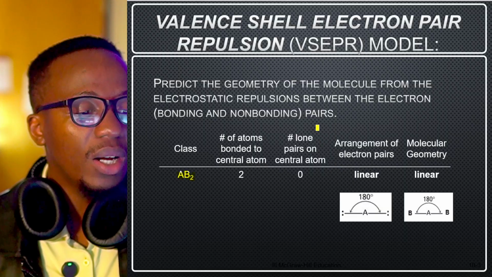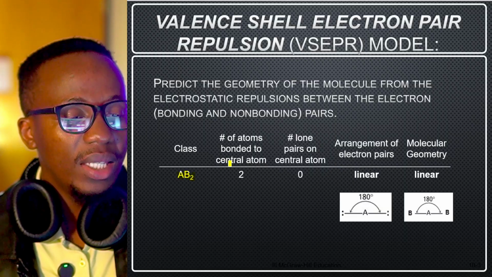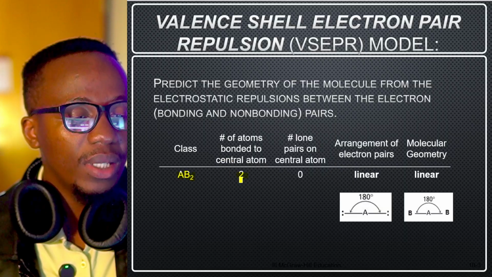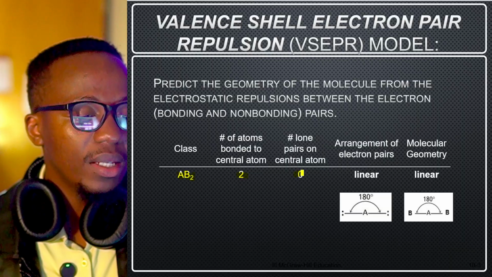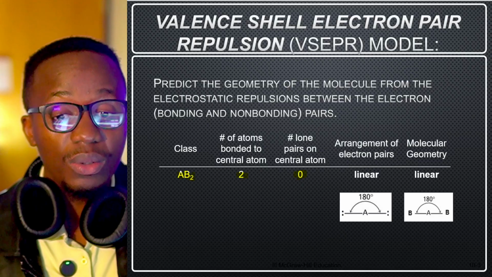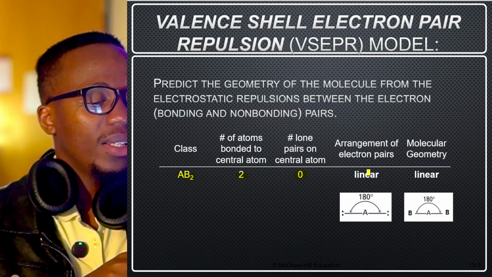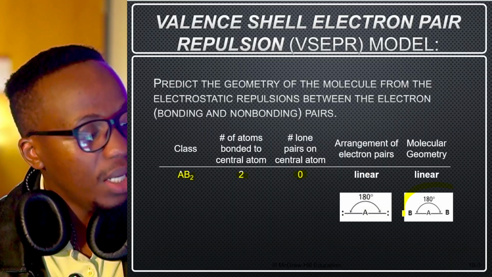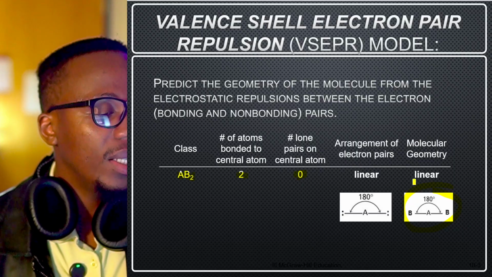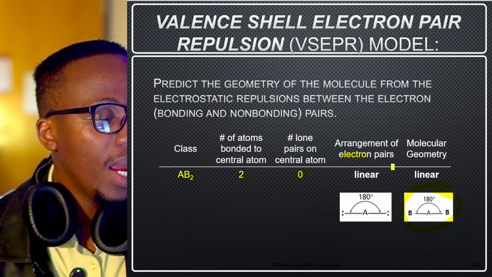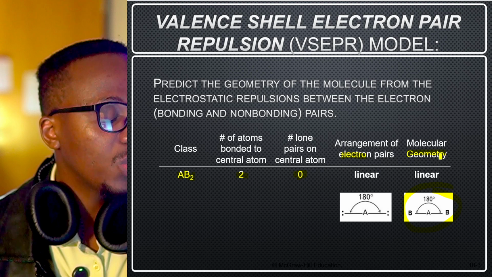So this table, I'm going to come back to this table a lot. In this table, you have atoms bound to the center atom and then 0 lone pairs. If you have zero lone pairs, then it's going to be like down here. It's going to be linear. So you see how the arrangement of electron pairs and molecular geometry is going to be the same.